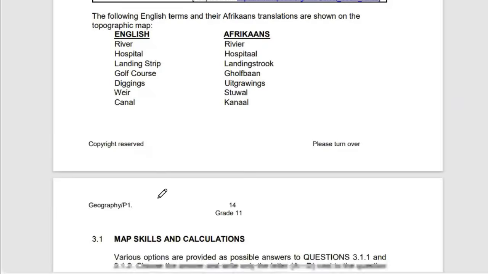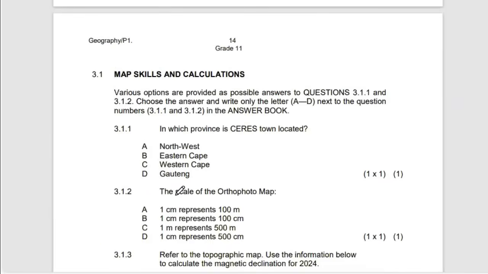Right. Then the first question is saying, in which province is Stress Town located? That is an application question which comes from the map information, basically, which means it's very vital for you to also go through the map information like what I was advising.